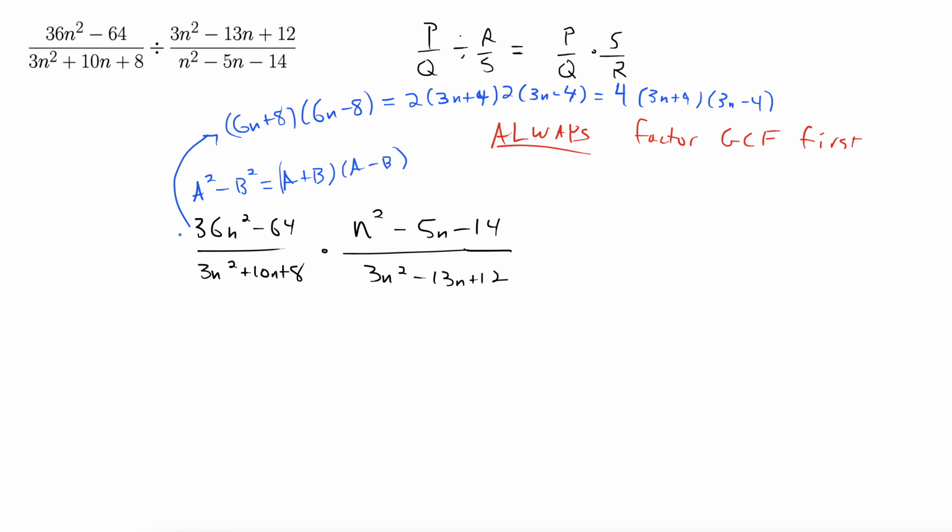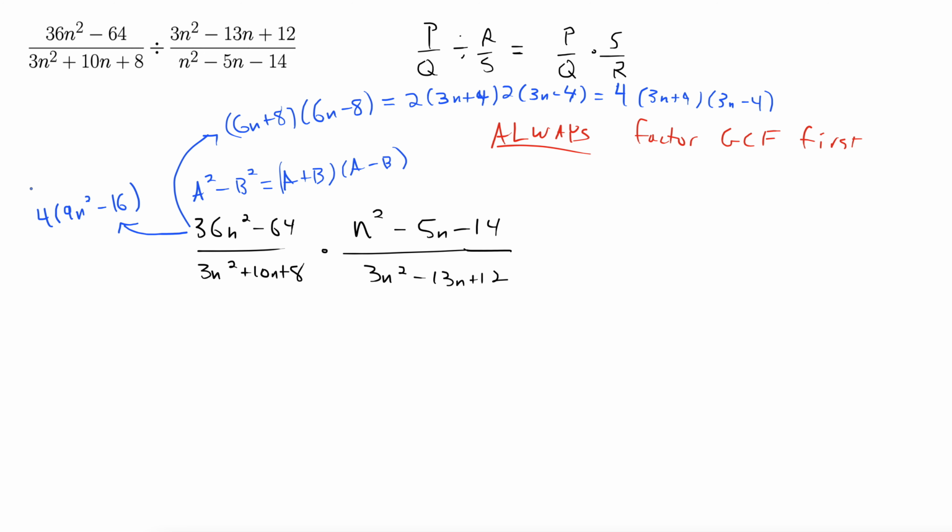So what would have been better is to look at this and notice, oh, we can factor out a GCF. That GCF happens to be 4. So let's start this again. A 4 comes out right off the bat, and we're left with 9n squared minus, well, 64 divided by 4 is 16.